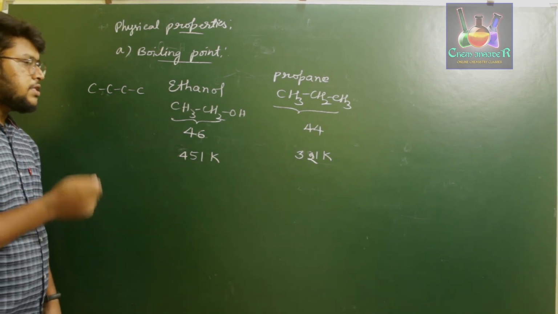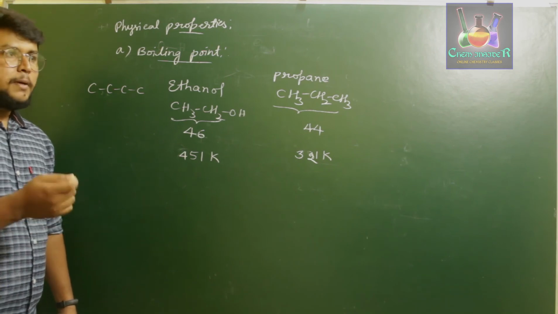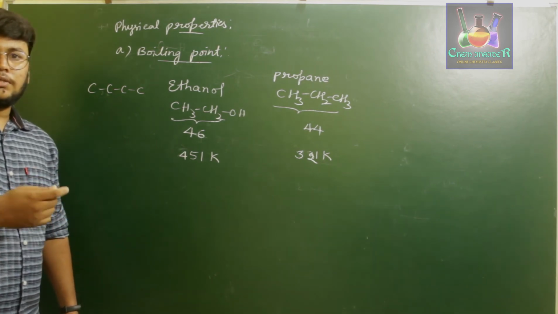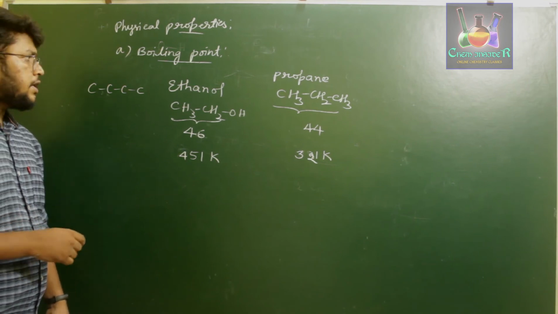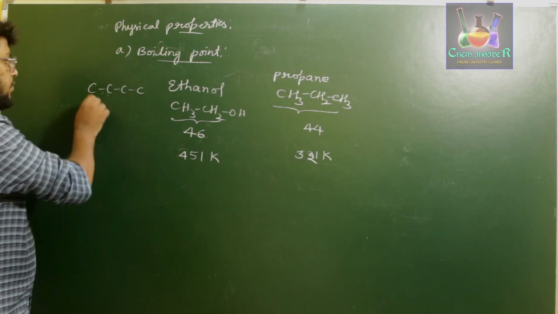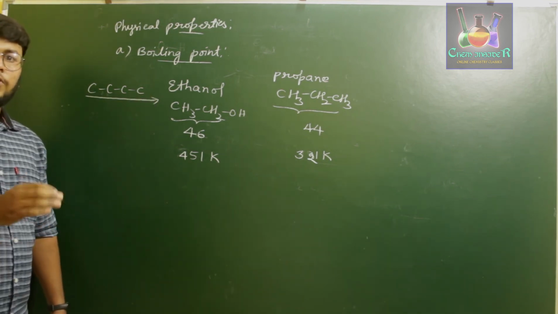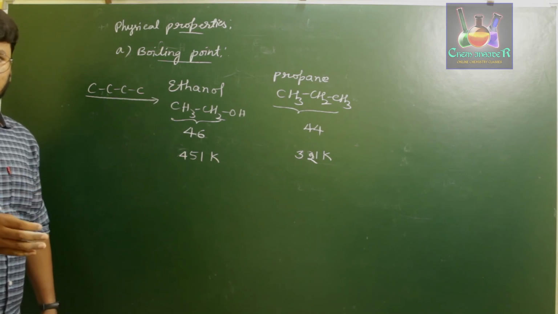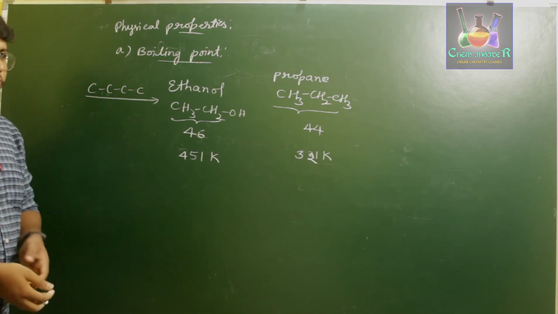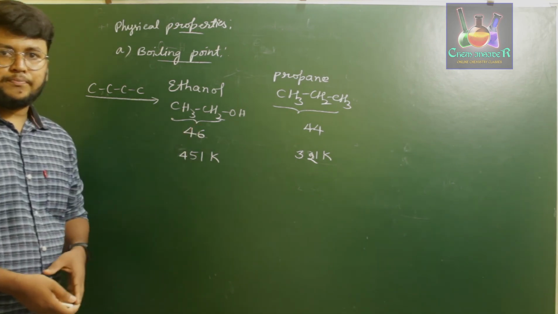But what you have to consider over here is, it may increase with increase in number of carbon atoms, but it decreases with increase in branching. That is, the boiling point of alcohols increases with the increasing number of carbon atoms, but those carbon atoms have to be in a straight chain, but not in branching. If branching happens, then it results in decrease in the boiling point. Okay.